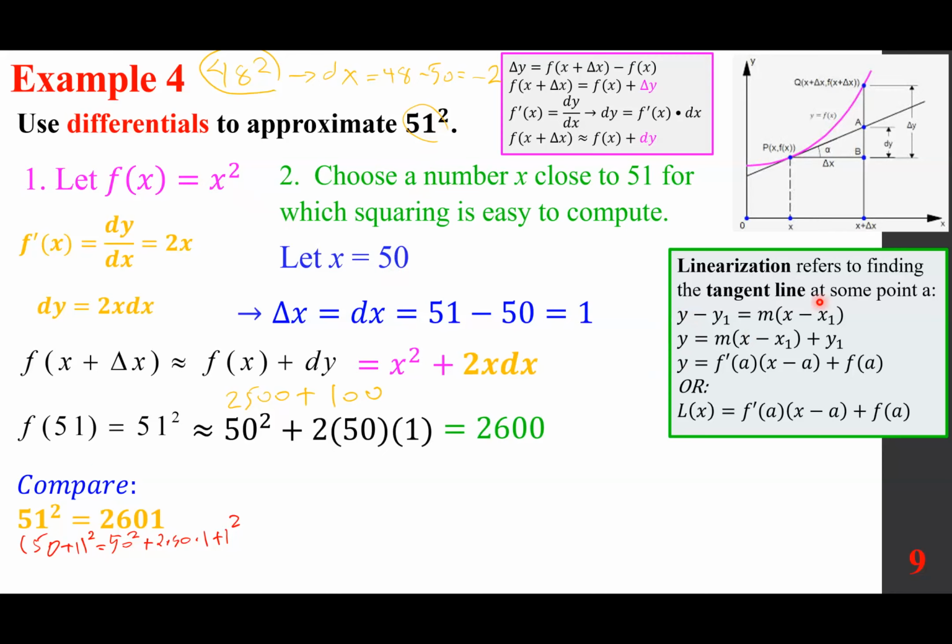What is the pair? 50, 50, plug in 2,500. What is M? So if you plug in 50 here, you get f of 50. That means 50, comma 2,500.